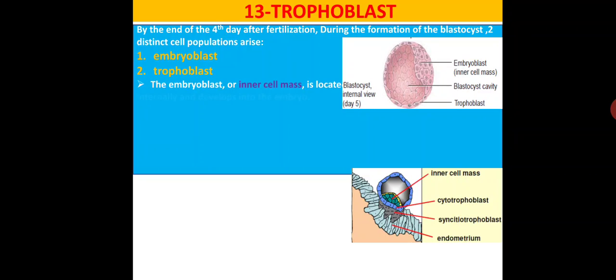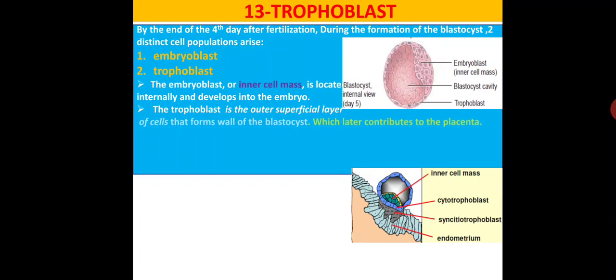The embryoblast, or the inner cell mass, is located internally, and it develops into all 3 germ layers, and from these 3 germ layers all the organs and tissues of the body develop. The trophoblast is the outer superficial layer of cells.